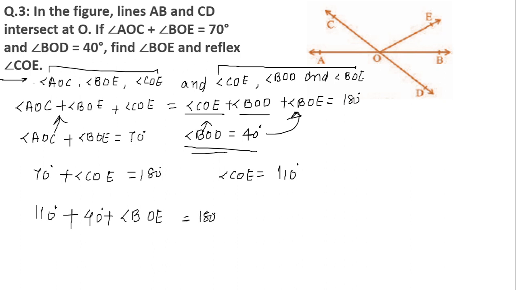So from this we can clearly say that angle BOE is equal to 180 degrees minus 110 plus 40. This will give me 30 degrees. So the values of angle COE and BOE are 110 and 30 degrees respectively.